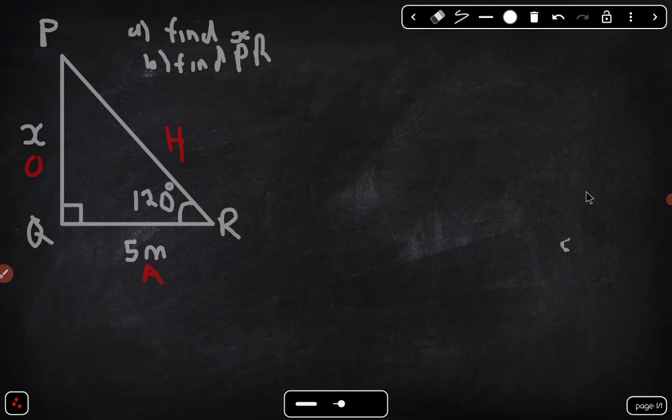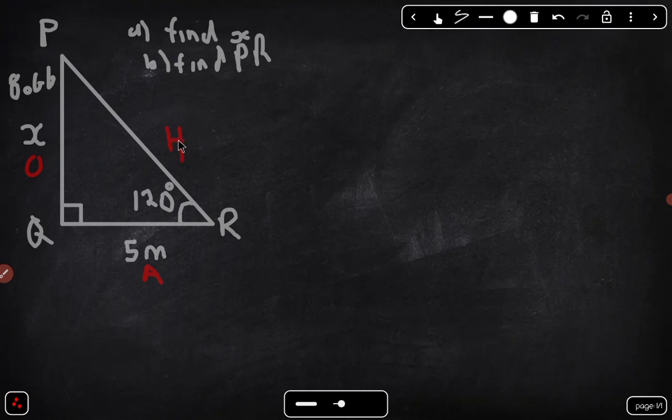If you don't want to use Pythagoras, you can use another trigonometric ratio. Since you now know that here it is 8.66, you can actually use a trigonometric ratio to find the hypotenuse here, or if you want, you can just use the Pythagoras theorem.